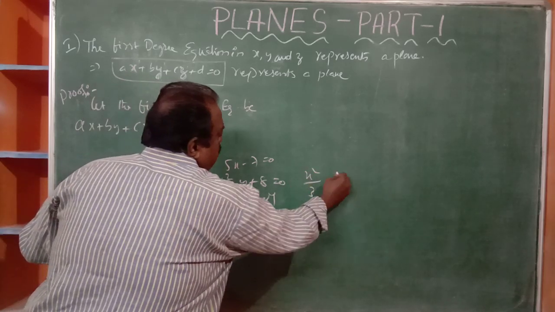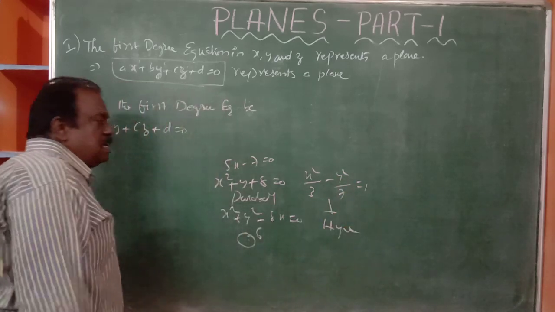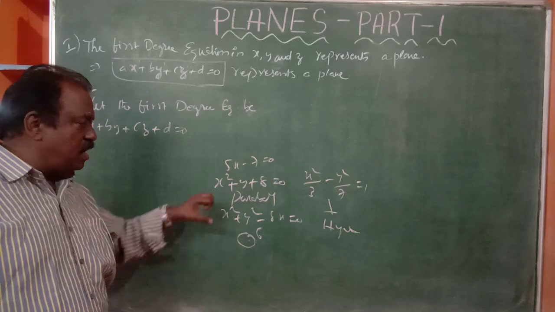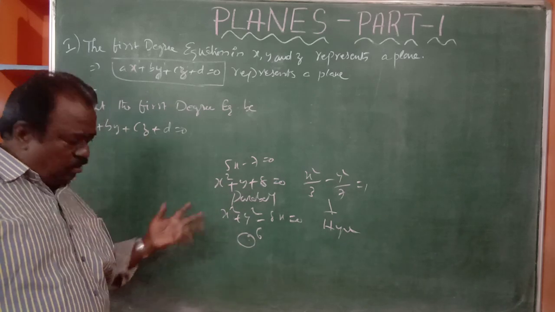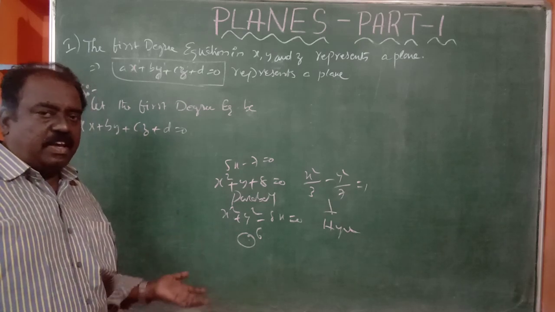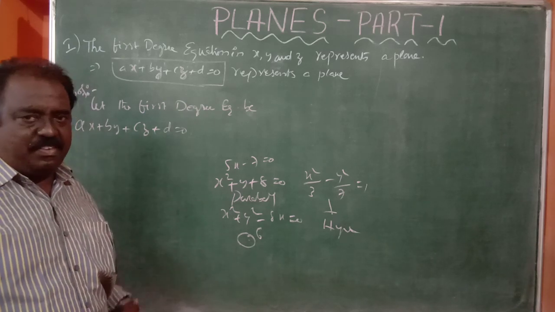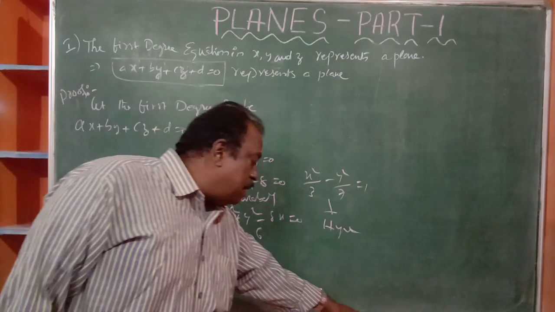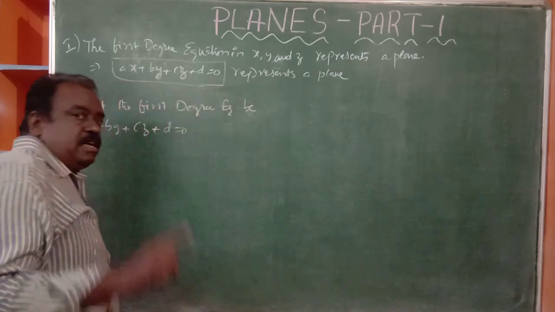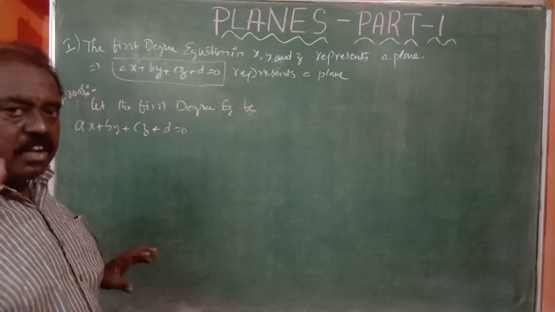Or x square by 3 minus y square by 7 is equal to 1, it is a hyperbola. Like that, whatever it may be, not only x square terms, xy terms, any logarithmic expression is a log curve, exponential curve, sin x curve, cos x curve, tan x curve, inverse curve. So in mathematics, any equation represents a curve.